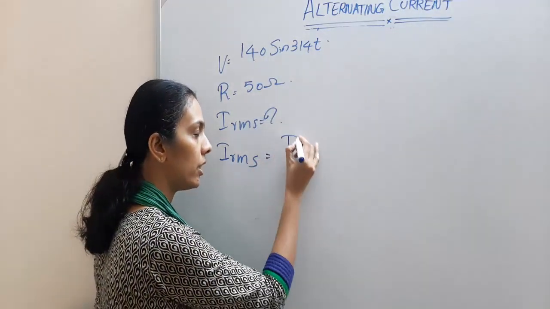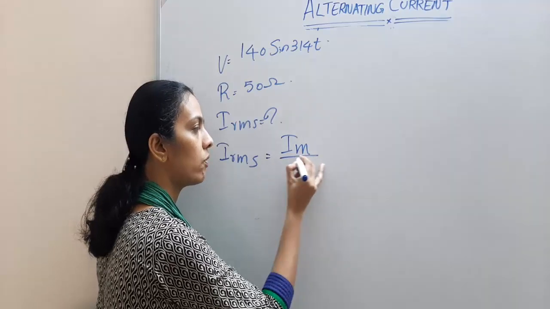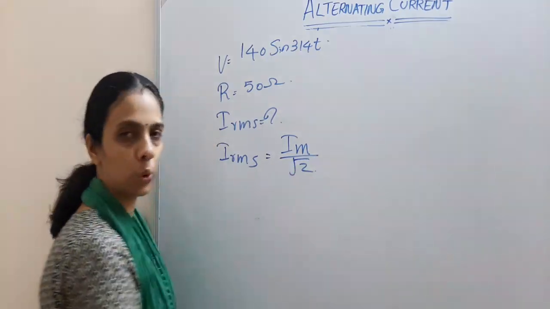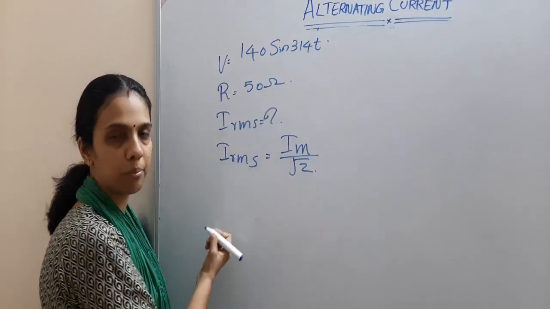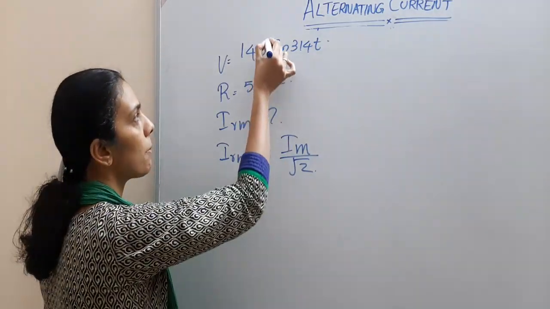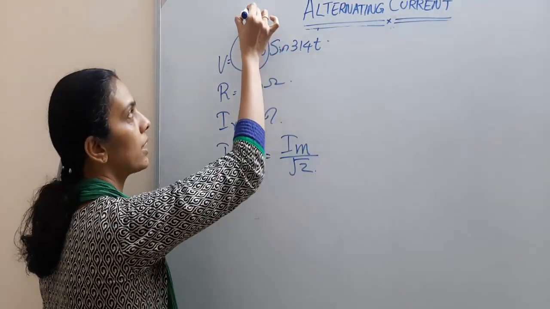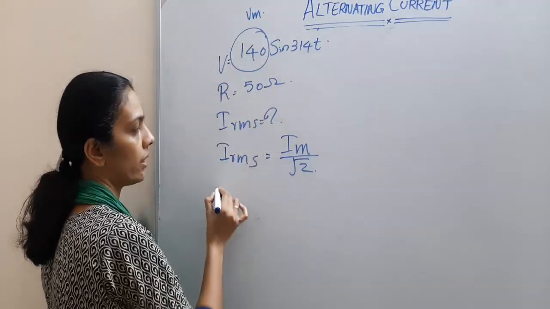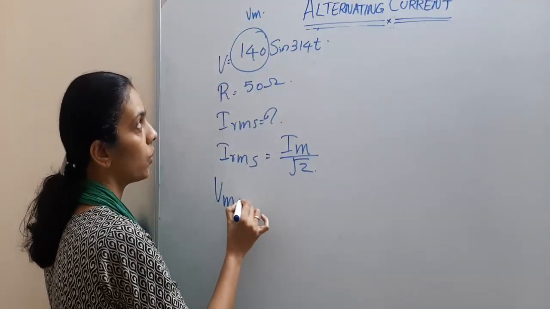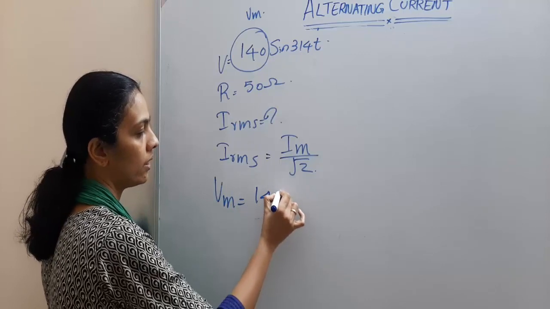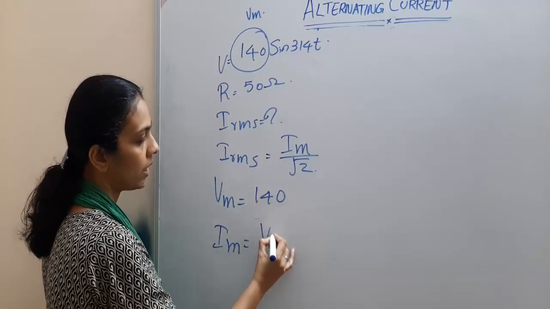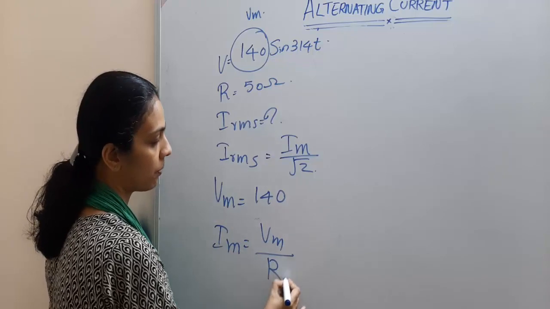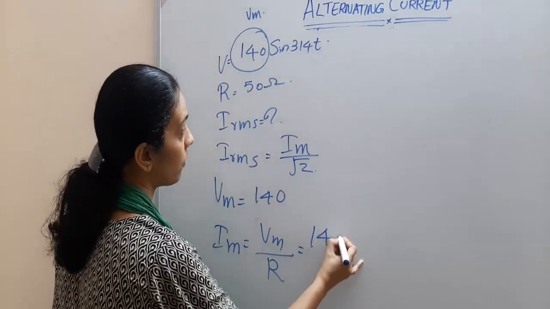IRMS will be equal to the maximum value of current divided by root 2. In the same way, VRMS will be equal to Vm divided by root 2. Here the maximum value of voltage is 140, so Vm is equal to 140. So Im will be equal to Vm divided by R. So what is the Vm value?